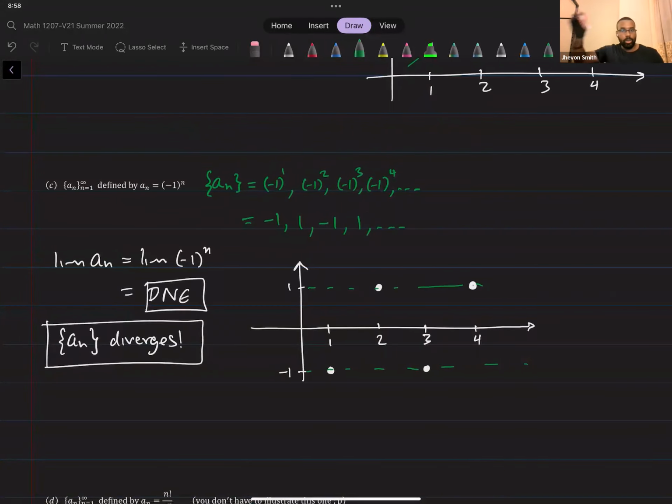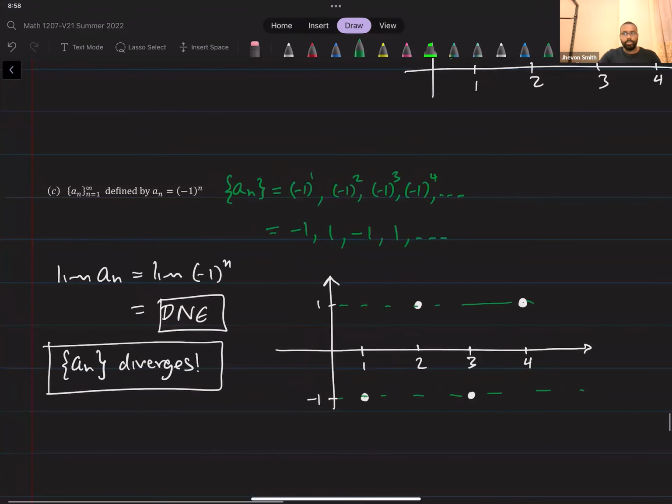It bounces up and down. So you can't actually find a limit, right? You can't say the limit is 1 because if you move a little to the right, it eventually becomes -1. You can't say it's -1 because you move a little to the right, it becomes +1. So it bounces between plus or minus 1. It never settles anywhere. There's nowhere I can say we have like a stability, and it's just a single number. So this also diverges. It doesn't diverge to infinity. It just diverges because we can't get it to settle anywhere.